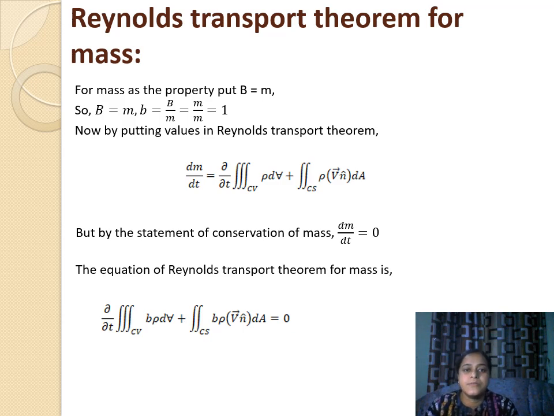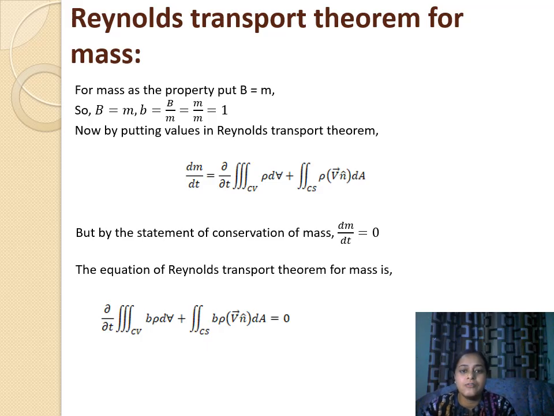Next, describe the Reynolds transport theorem for mass. For mass, as the property, capital B, the extensive property, equals mass. So small b equals capital B divided by mass, and finally small b equals 1.